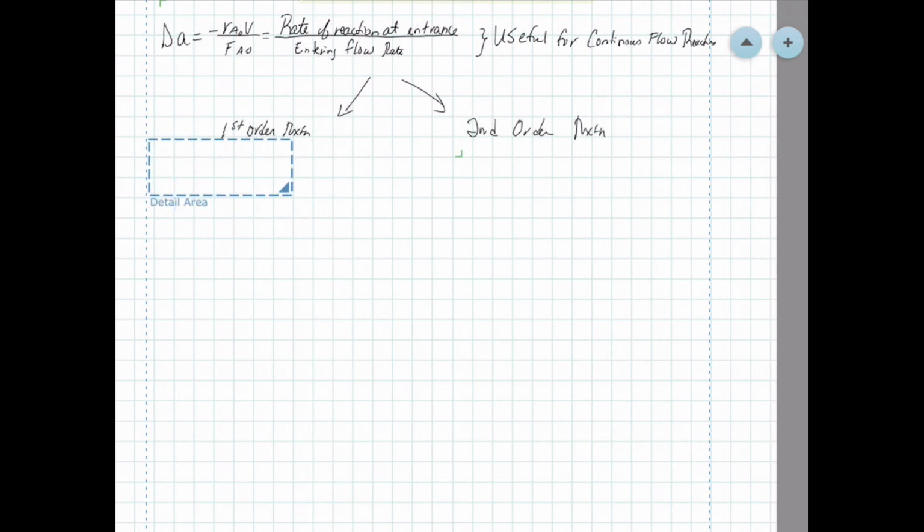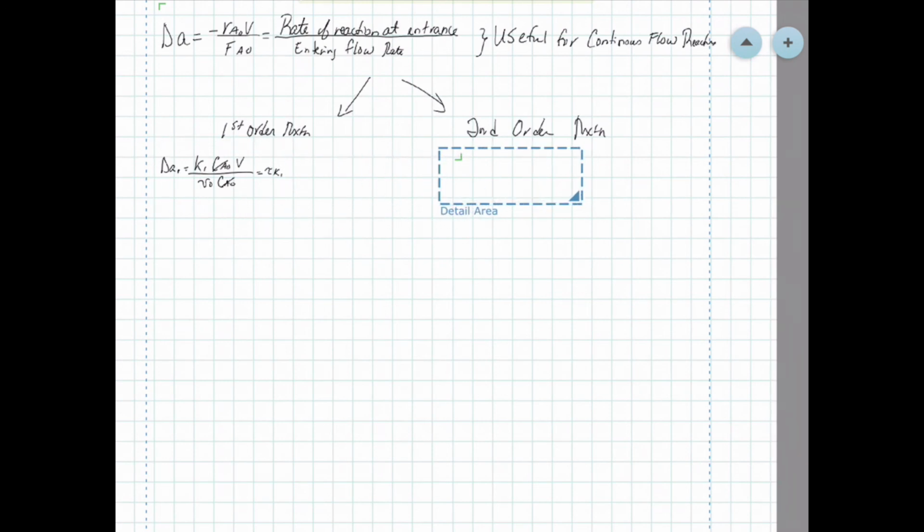For a first order reaction, the Damköhler number, where the subscript tells me the order of the reaction, equals k1 CA0 V over the volumetric flow rate. If we group together the variables, CA0 cancels, and we end up with the Damköhler number equals tau k1.